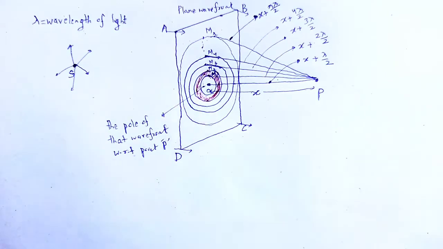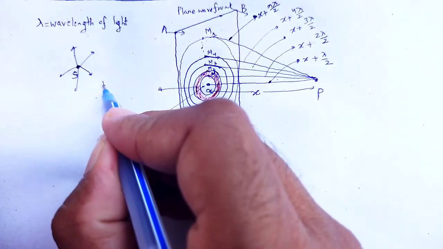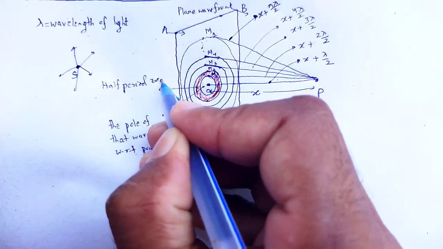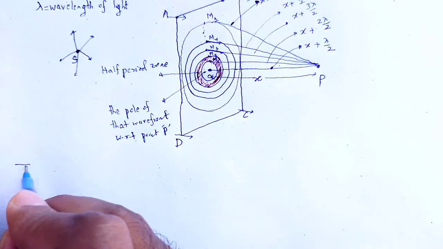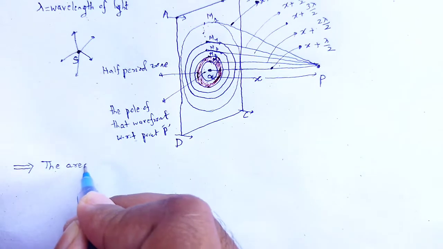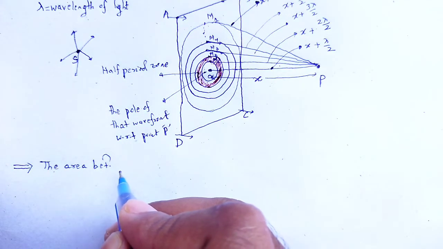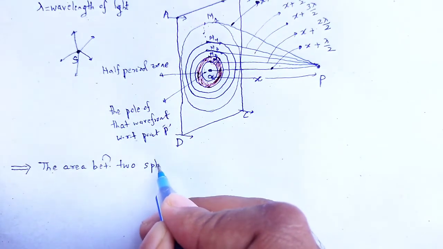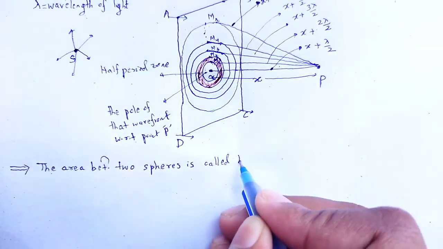These are named as half period zones. Why did we name them such? The area between two spheres is called a half period zone.